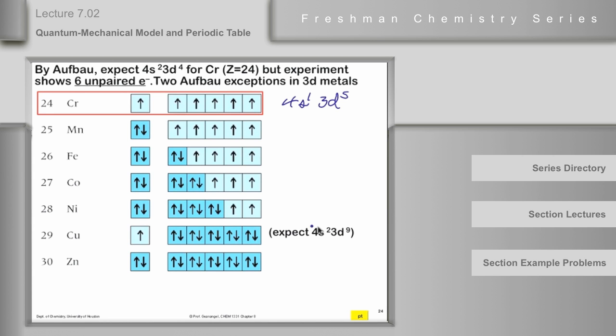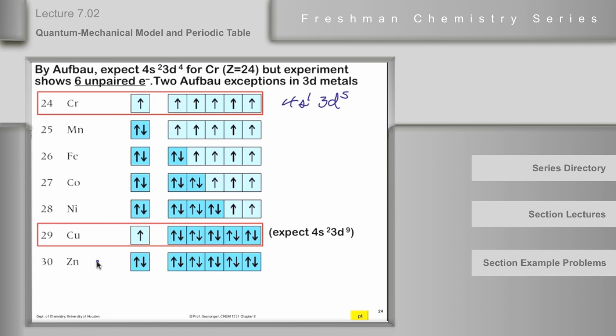That's where the unpaired electron would be. And if you'd like to, you ought to write out a box diagram to show that. Experimentally, it does have one unpaired electron, but it's in an s orbital, not a d orbital. So that's another exception. We'll draw a box around it to remind you that it is an exception.